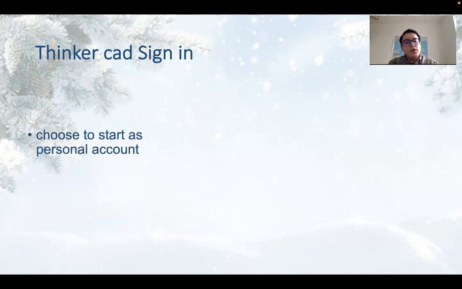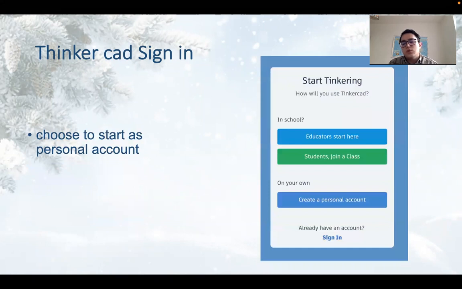Next, we have to choose to start as a personal account. So again, this is for people who have not signed up for the program yet. They did not register. So if you have not registered, you can create a personal account by clicking so. But if you already have an account, see here it says already have an account, question mark. So you can just sign in if you have an account.